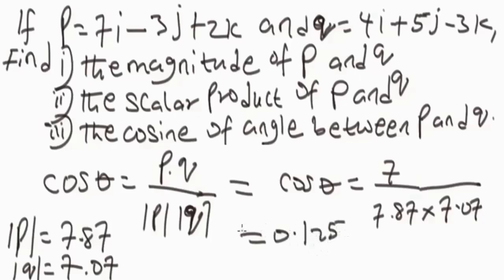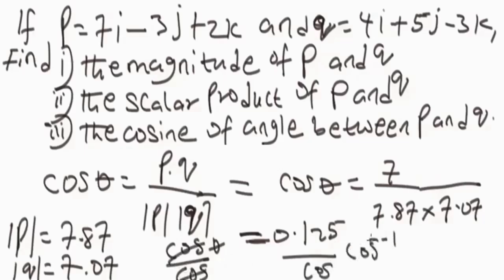So we have cos theta equals 0.125. To make theta the subject, the standard formula is that theta will be cos inverse of 0.125. Let me punch my calculator.